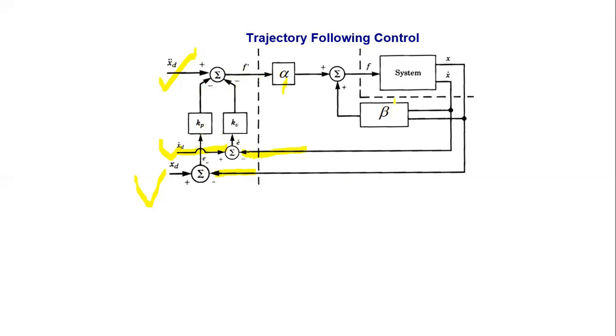Here beta is 0 for our particular case, because we are not considering any damping and stiffness. So just multiply f dash by alpha, and if you apply this signal on your system, you will see that your system is following the prescribed trajectory. The system will follow the assigned trajectory that you use.